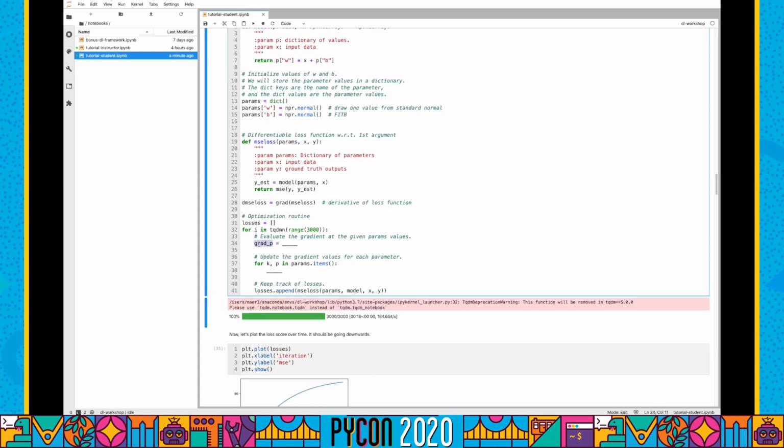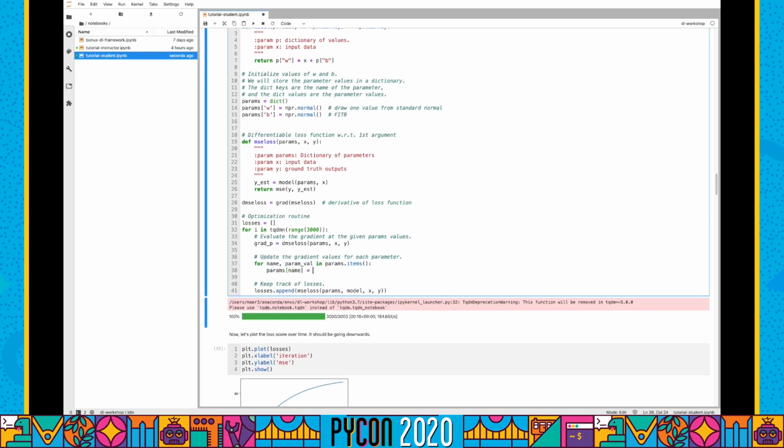So the gradient evaluated at each point will be dMSE loss of params, x, y. Now let's give params more informative names over here. Params is a dictionary, right? So k is really the name, the key is really the name of the parameter, and p is the parameter value in params. We're going to do the update now.